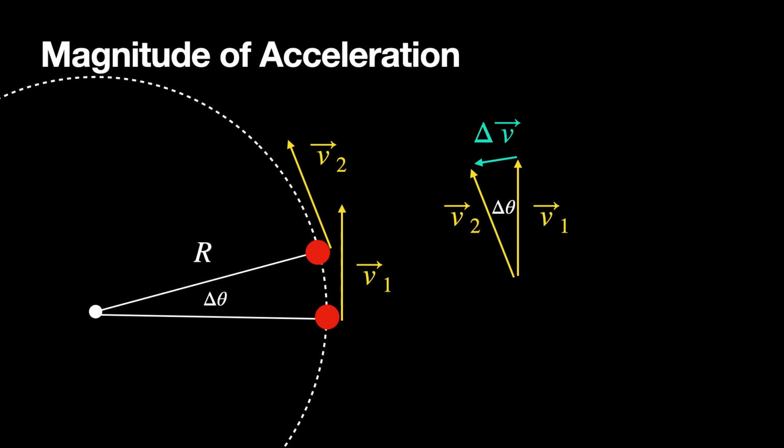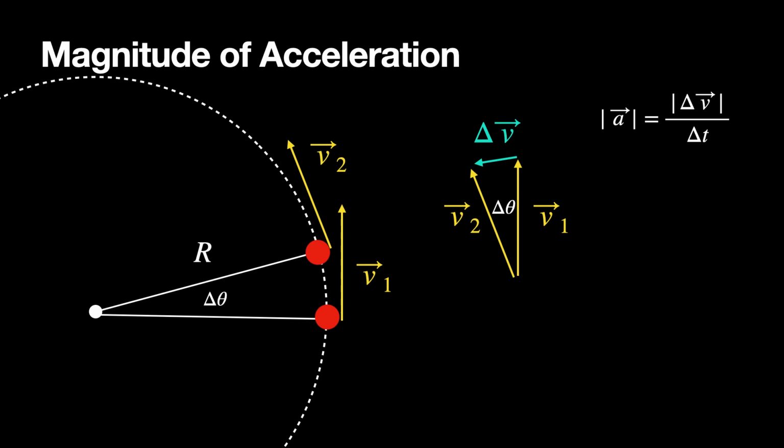I need delta v because that has to do with the magnitude of the acceleration. I need the magnitude of delta v. I don't care about the direction, I just need the magnitude. If I look at that triangle with delta theta, delta v is like the arc length of two radiuses, v1 and v2.